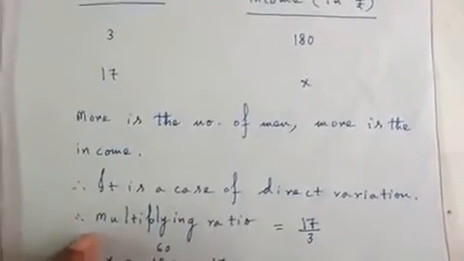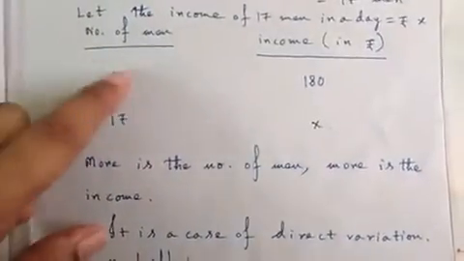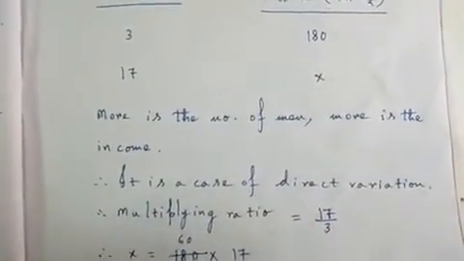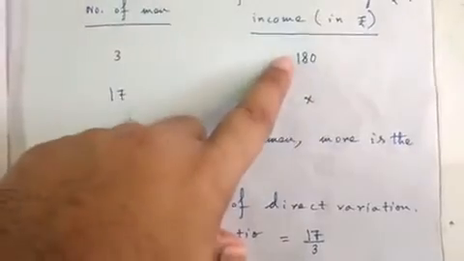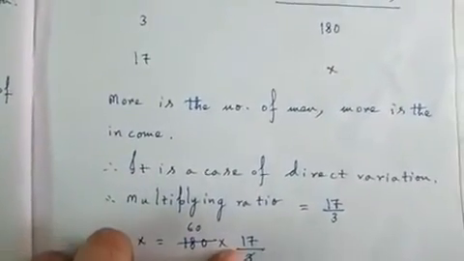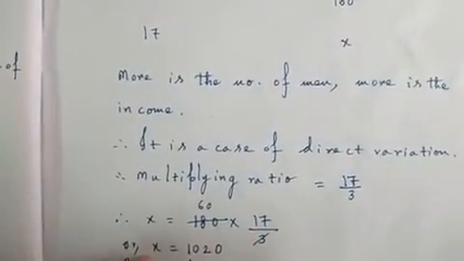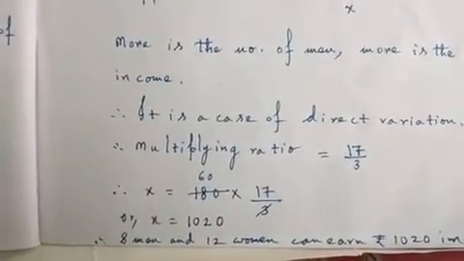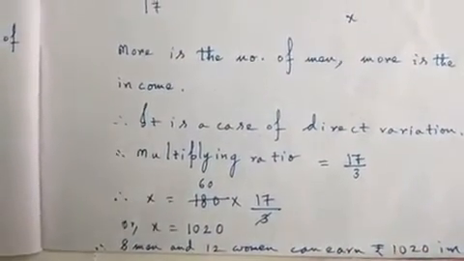So the multiplying ratio will be the reciprocal for direct variation, 17 by 3. So x is equal to what is above x: 180 into the multiplying ratio. So x is equal to 1020. So this is the income of 8 men and 12 women in a day.